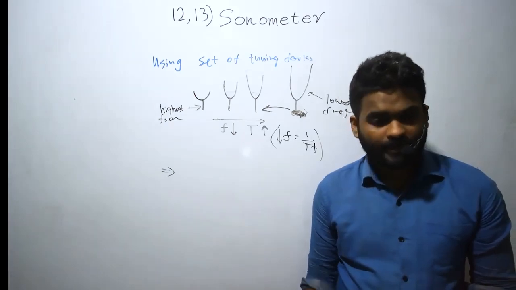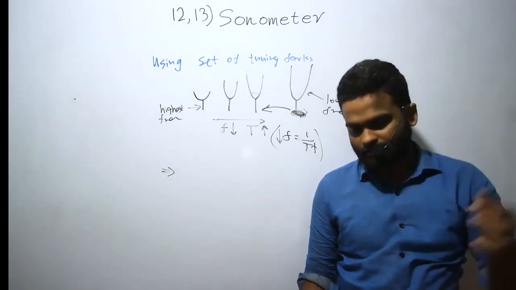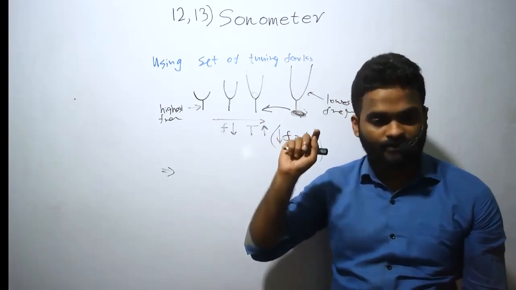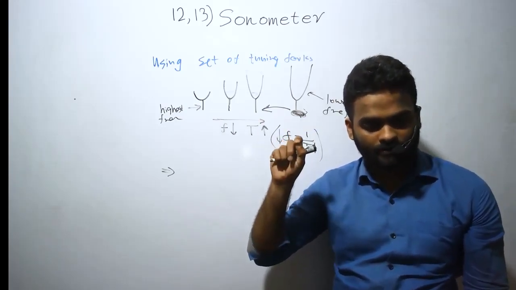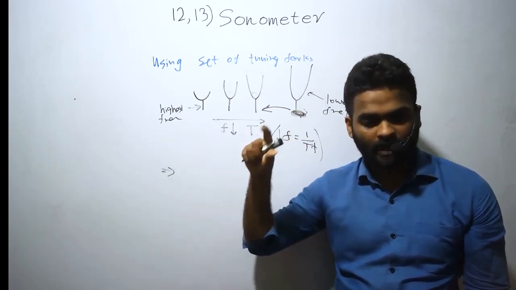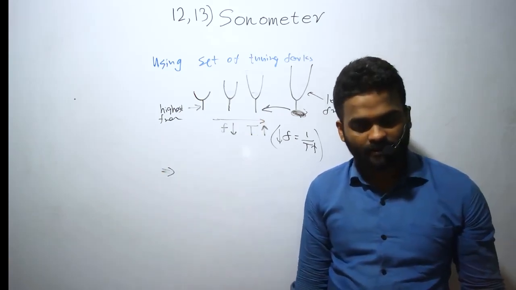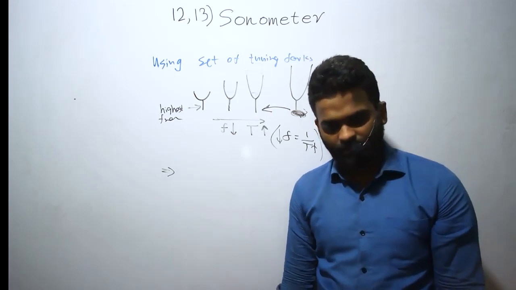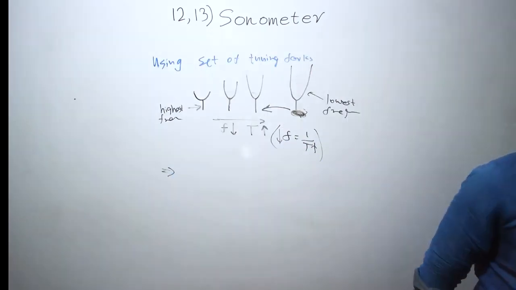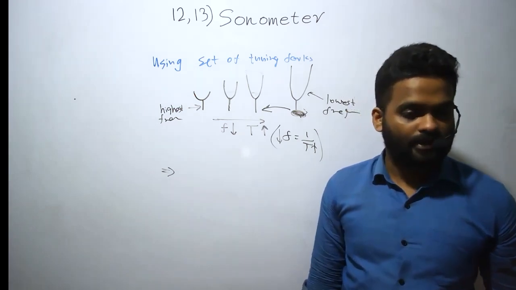It starts from the highest frequency fork. Highest frequency fork, within brackets the smallest one, in descending order of frequency.